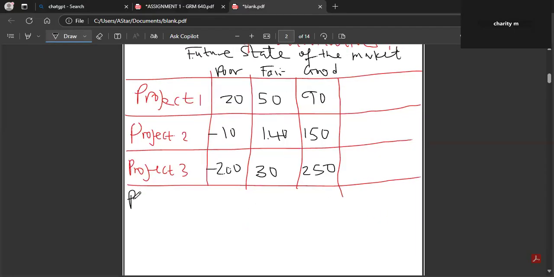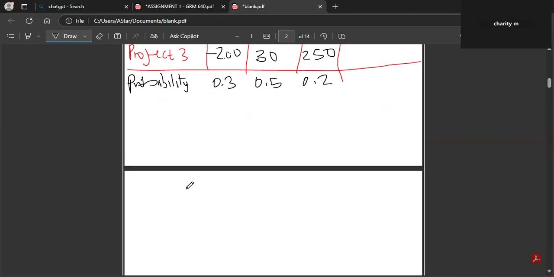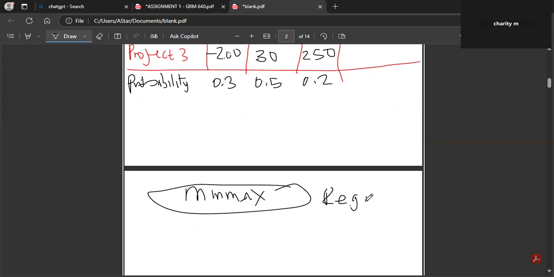Of course, the probabilities are 0.3, 0.5, and 0.2. Okay, so they want us to do a table called minimax. It's also called the regret table.